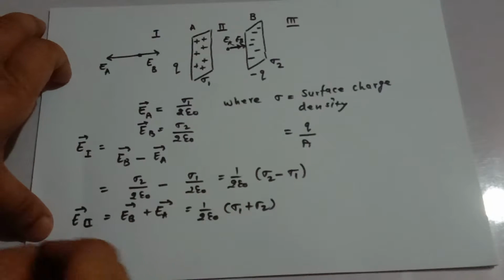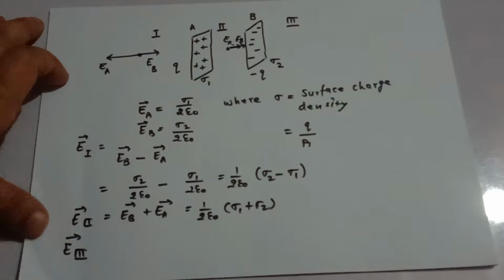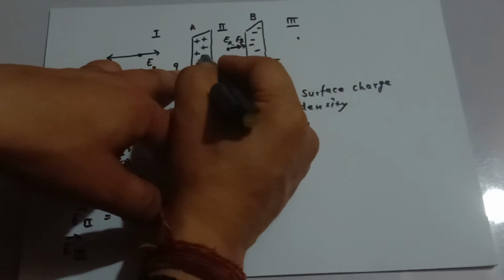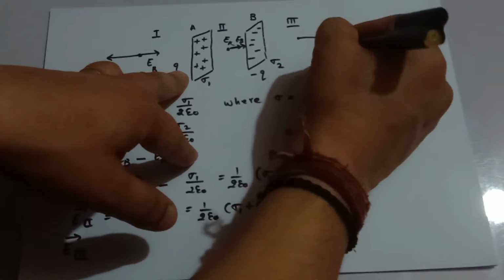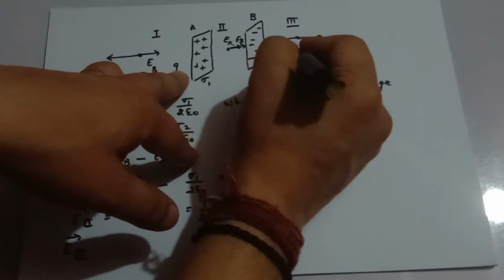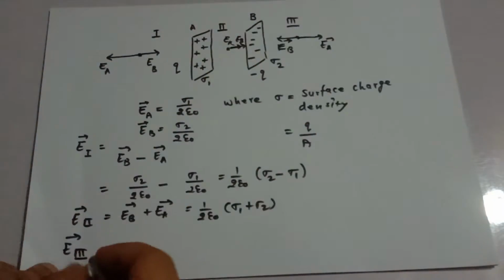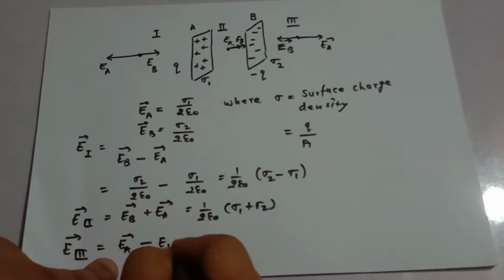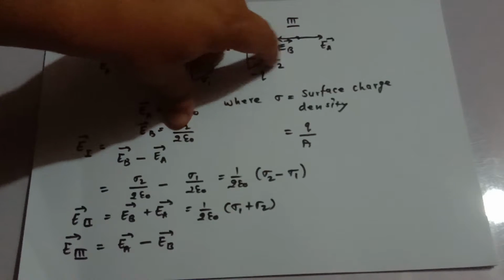Likewise, the electric field in the third region can also be calculated. Because of this positive plate, the field should be away from plate A, that is the electric field due to A, but because of B, which is negative, it should be in this direction, that is the electric field due to B. So you can write that this should be the electric field due to A minus the electric field due to B. I am taking this one as positive because it is in the right direction and that one is in the left direction.